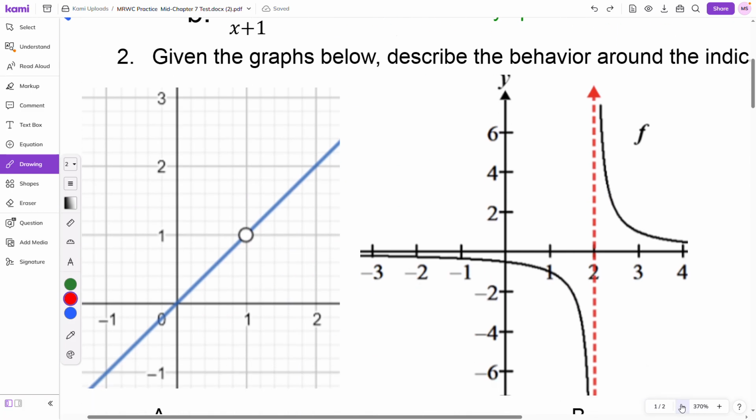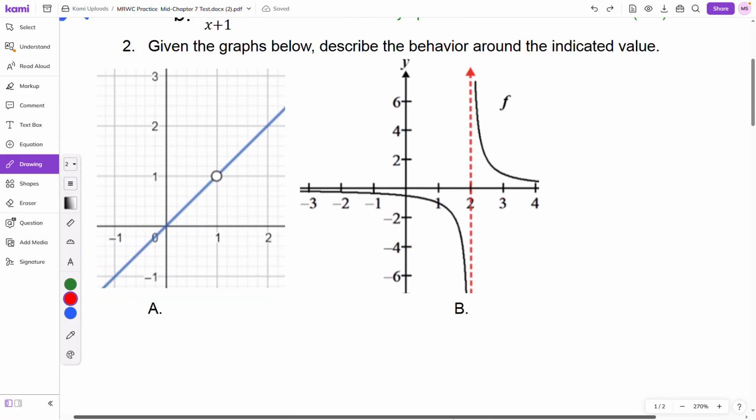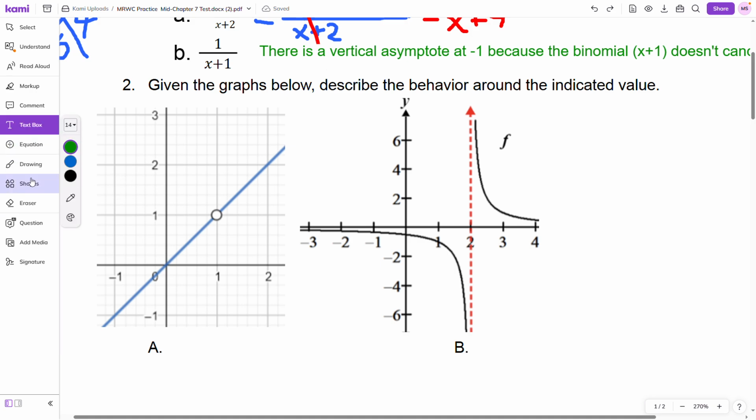All right, next problem. I smushed the graphs together in order to save room, but they are two separate tasks for number 2. It says, given the graphs below, describe the behavior around the indicated value. Well, it's not very profound.